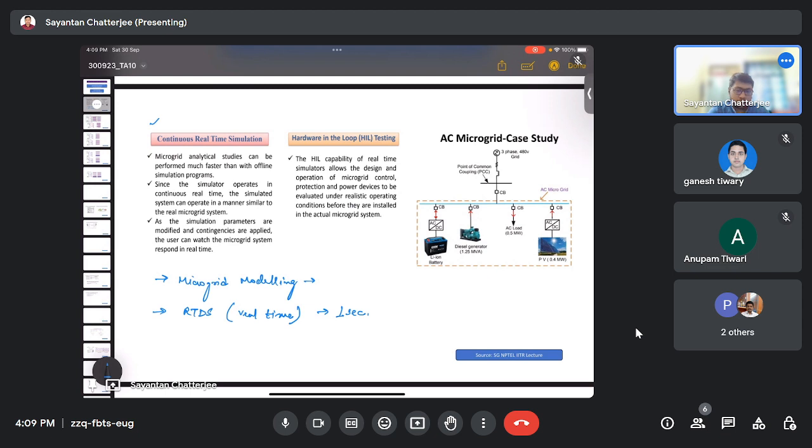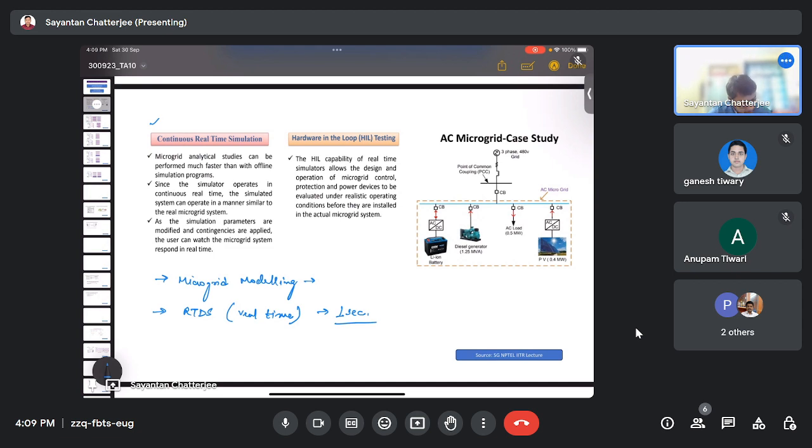So in RTDS validation, as the entire thing in the simulation has been done in the software part, it then needs to be validated on a real-time system. This RTDS gives us the platform to validate, and here the time stamping is exactly 1 second, the same as real time. So that's the advantage of this RTDS.